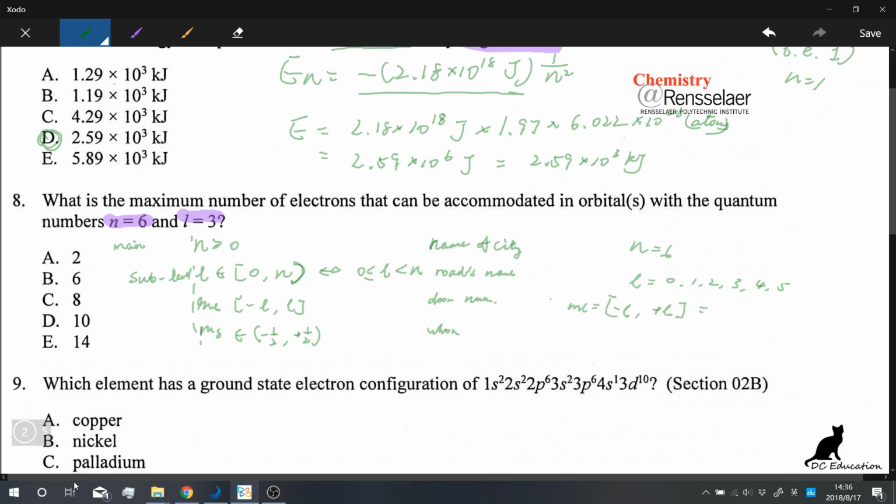I'm so sorry, l is 3, as described over here. So it's from negative 3 to 0 to positive 3, which gives us a total of 7 sublevels.